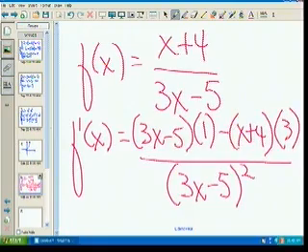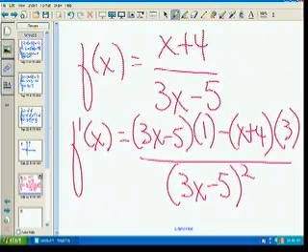Yep. Proper use of the quotient rule. Now, this is tempting, but don't be tempted by like terms that you see so close to each other. 3x minus 5 and 3x minus 5. In order to reduce something, numerator and denominator, doesn't it have to be present in both terms?